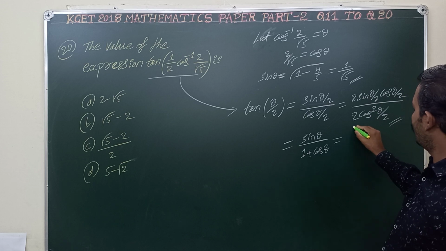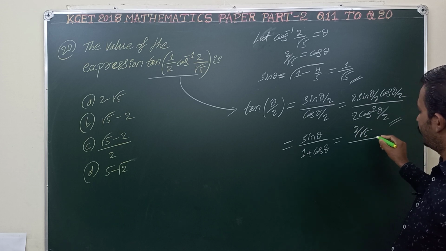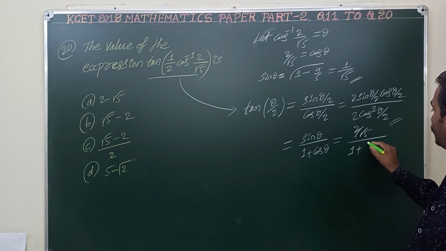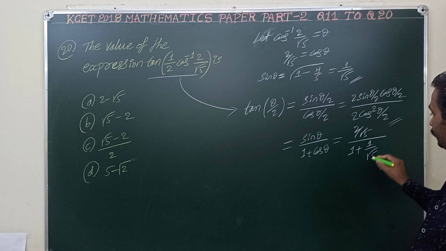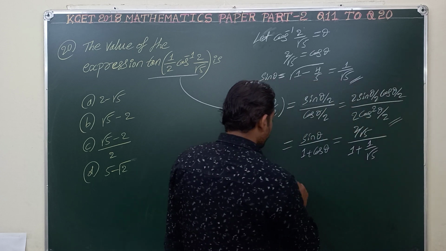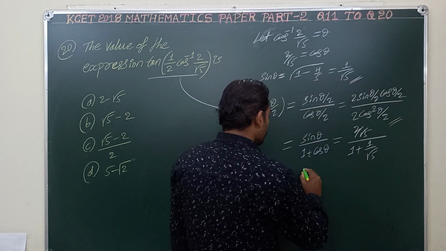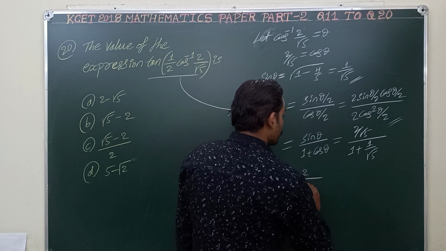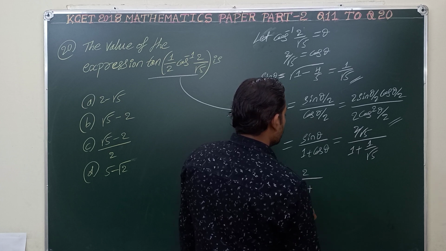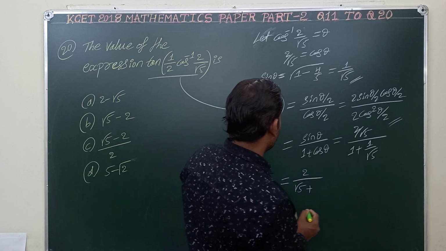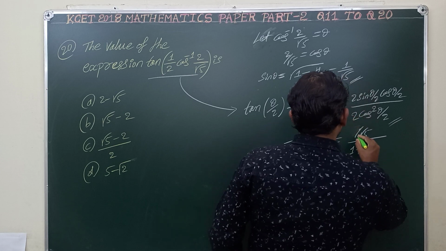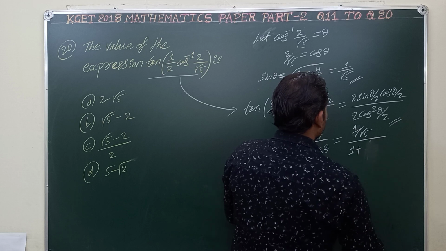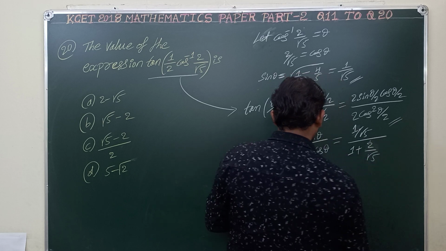Sin theta is equal to 1 by root 5, divided by 1 plus cos theta, which is 1 plus 2 by root 5. Take the LCM. In this case the denominator root 5 gets cancelled.